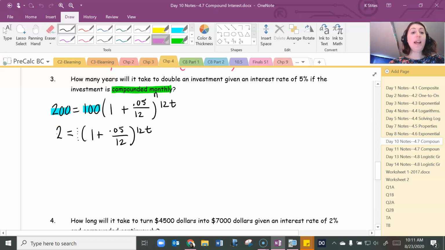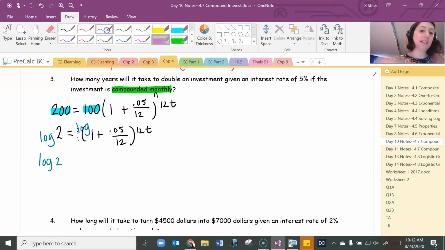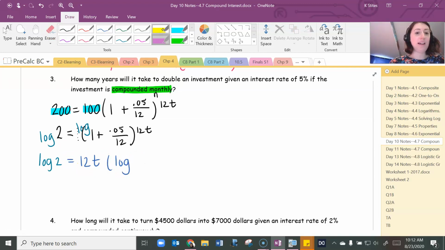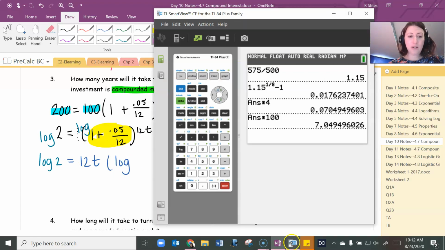All right, so now what we would want to do to solve this is just to log both sides. And again, if you want to log base 2 both sides, you can, but I usually just log. And what that's going to do is bring down this 12t. And what might be faster, you can actually find a value for that, so it might be less writing.